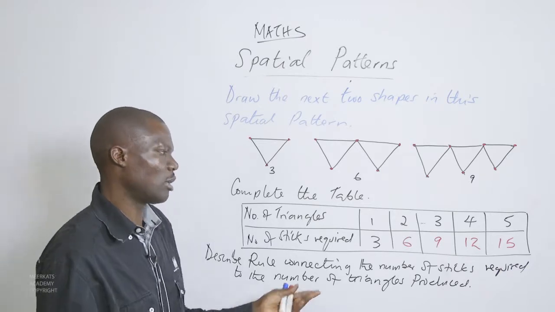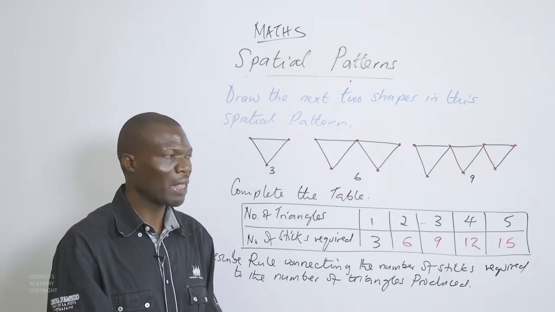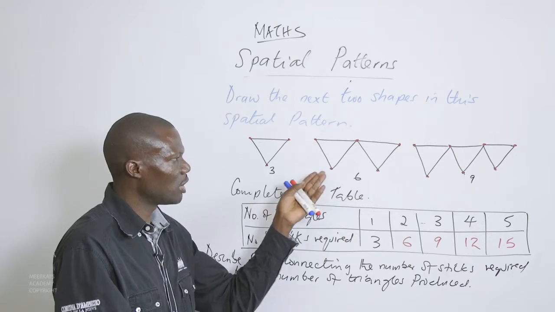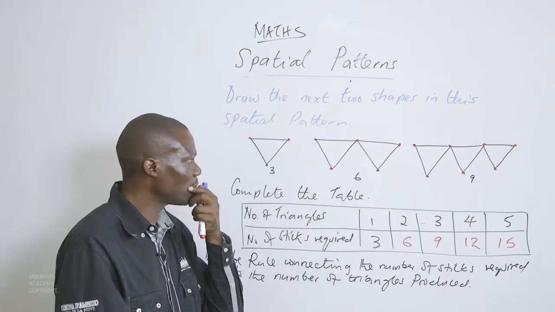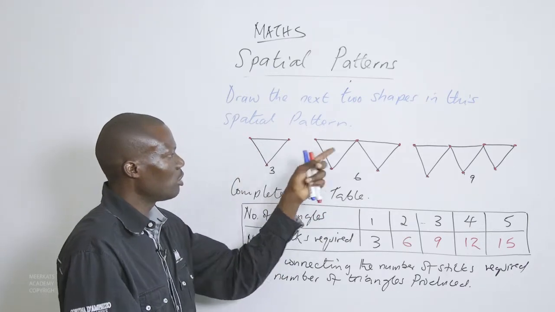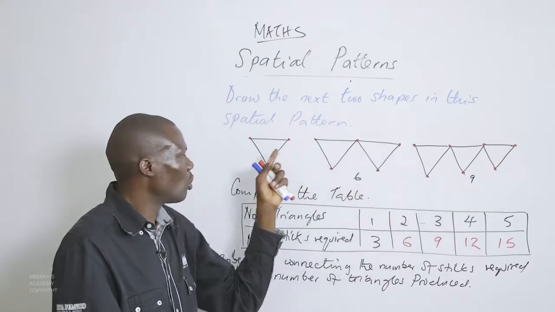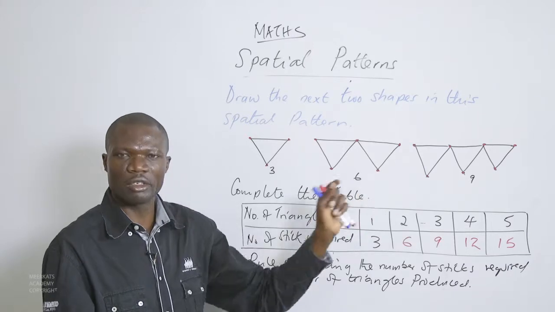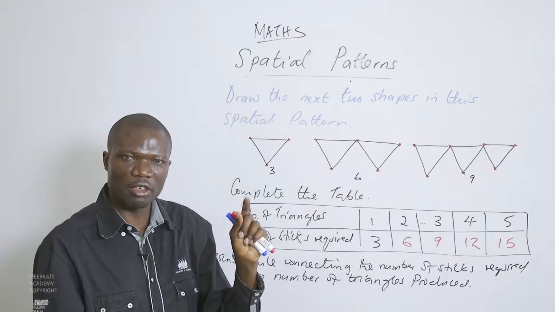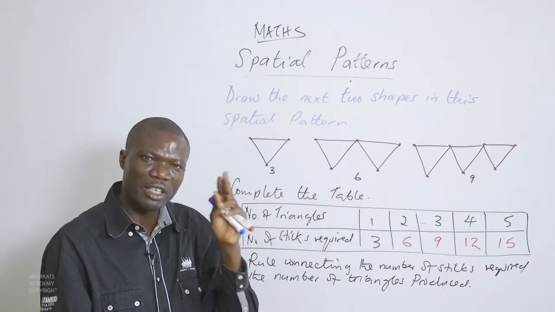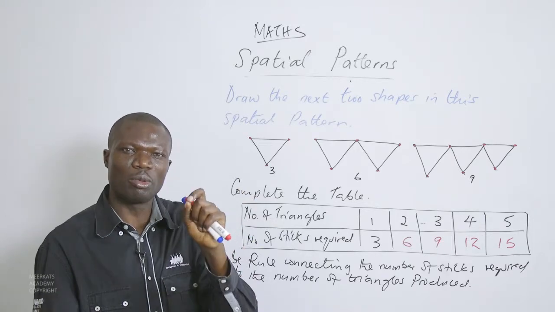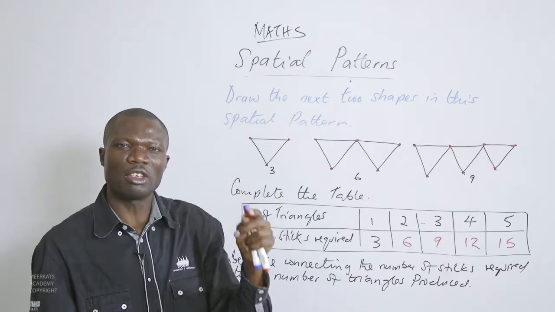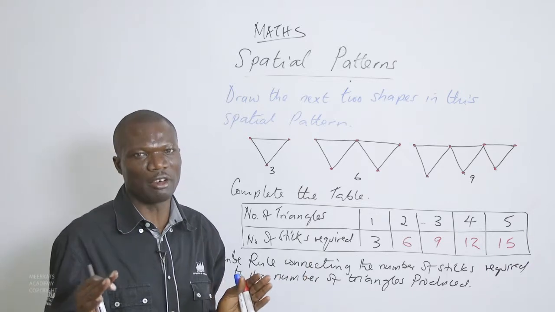Now, this is a rule that we want to come up with. It's easier from the little spatial pattern that we have for us to come up with that. One triangle, two triangles, three triangles. One triangle, 3 sticks, two triangles, 6 sticks, three triangles, 9 sticks. If 3 triangles is 9, 2 is 6, and 1 is 3, then it means that we are simply multiplying the number of triangles by the number of sticks per triangle.